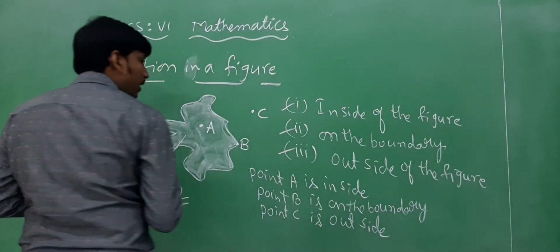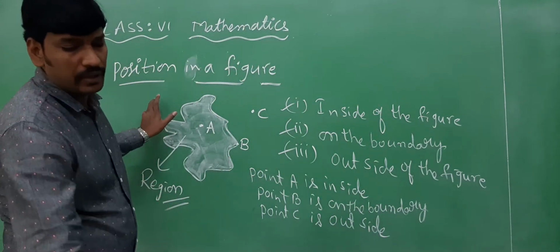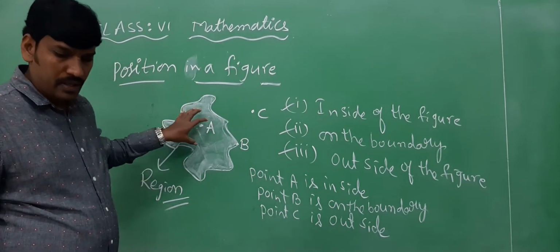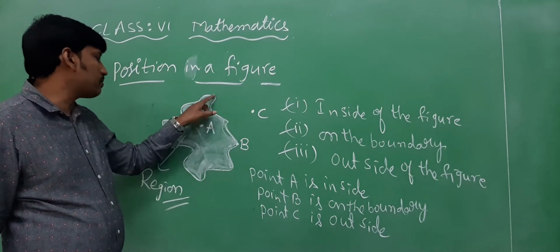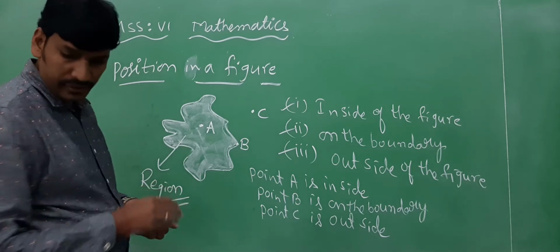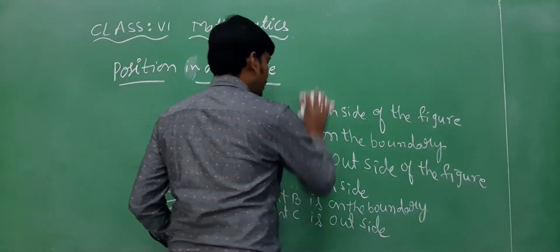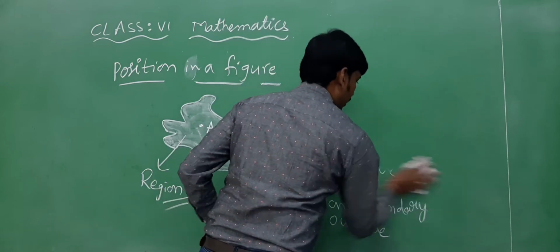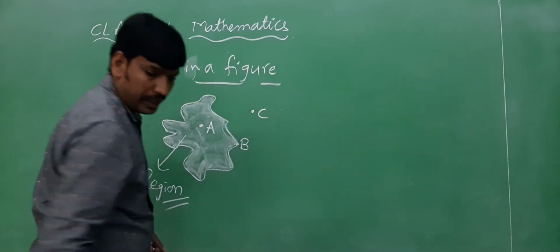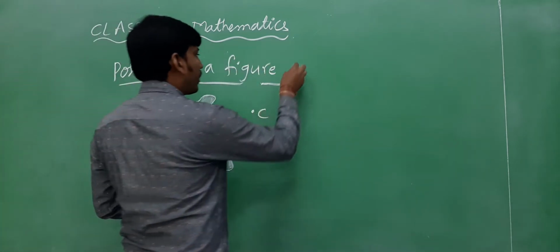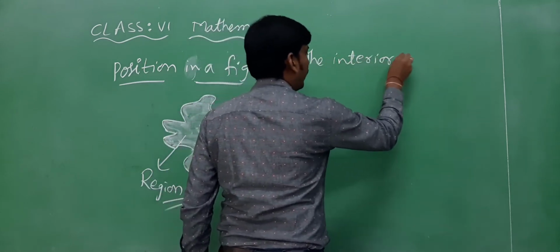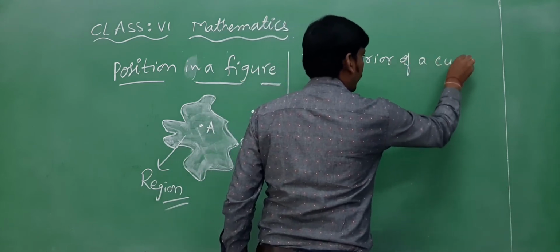What is the region here? The interior of a curve together with its boundary is called region. Can I write the definition? Yes. You will write here, you can understand easily. The region: the interior of a curve.